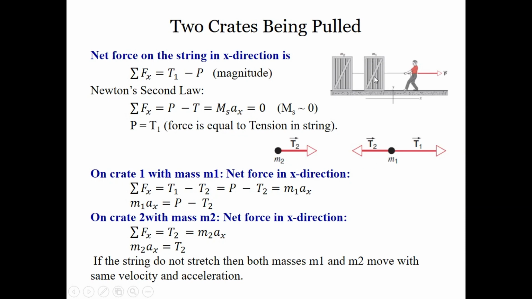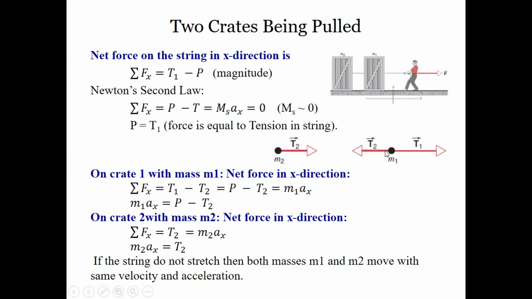Let us look at the mass M1 and balance the forces. The first force is the tension T1, which is away from this mass. And then there is a tension T2, which is again away from this mass.